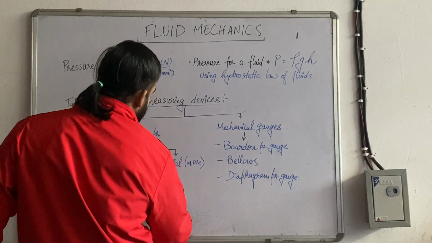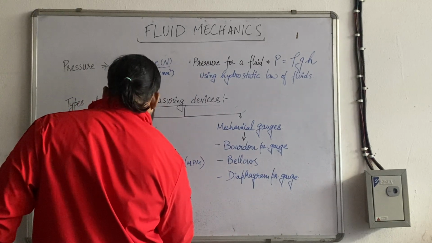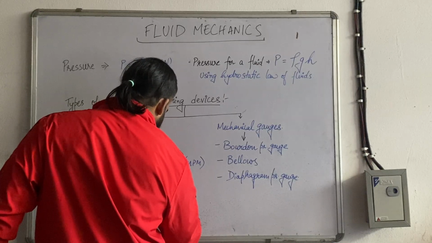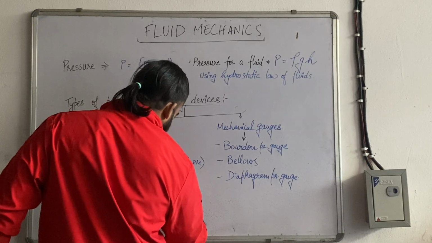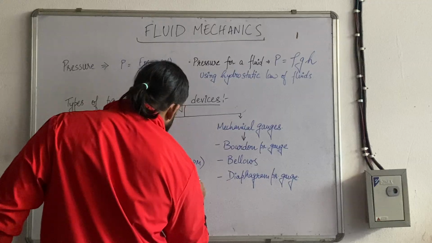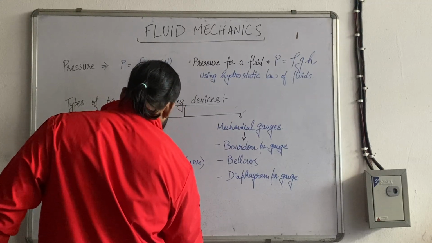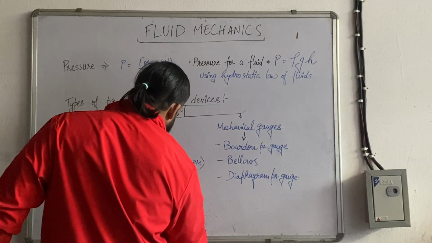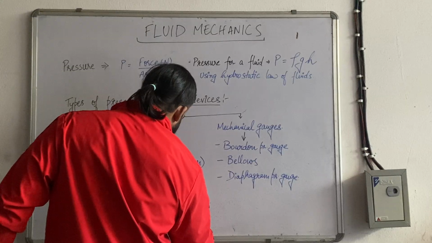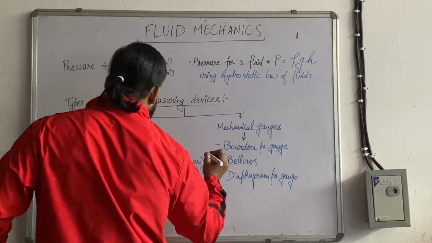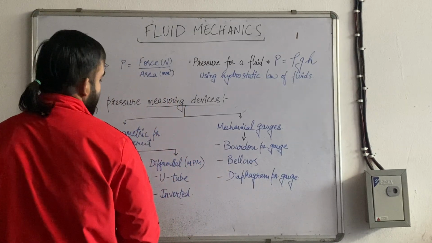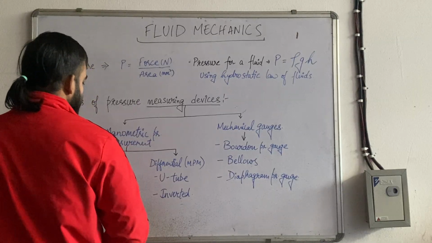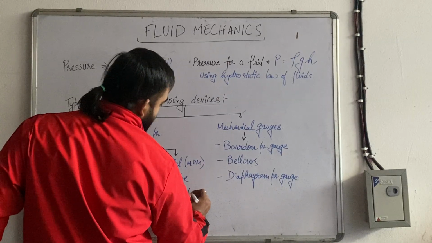Differential manometer can also be written as of two types: U-tube differential manometer and inverted tube differential manometric pressure measurement.